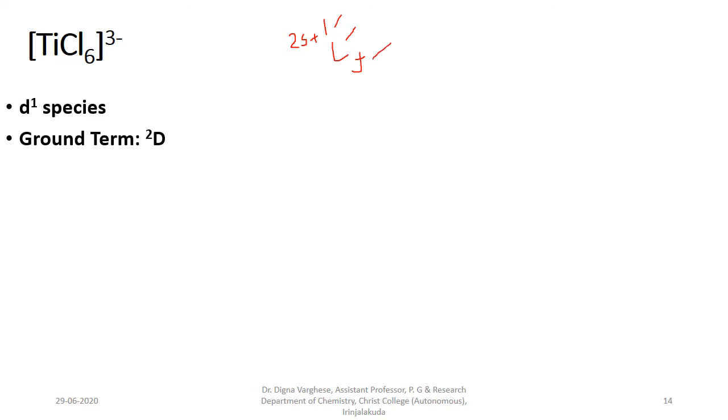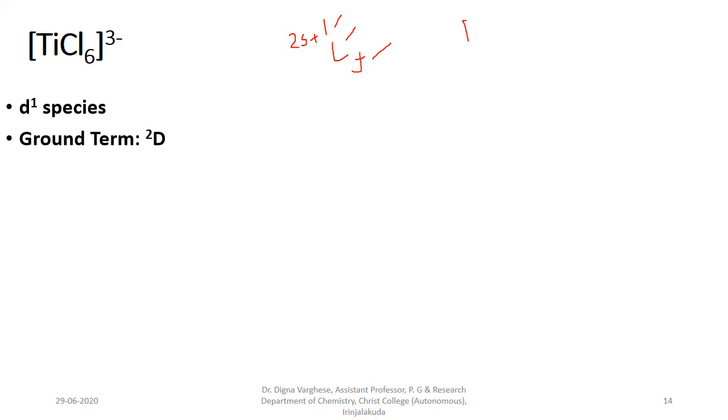In this complex, titanium is in the d1 state, and the ground term for d1 is 2D. The term symbol can be calculated using the formula 2S+1 L J, where 2S+1 is the total spin multiplicity, L is the total orbital angular momentum, and J is the total angular momentum.